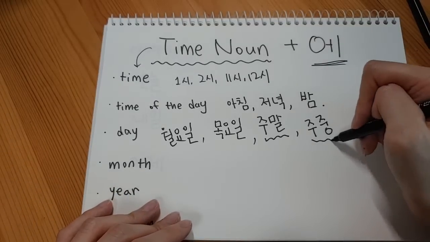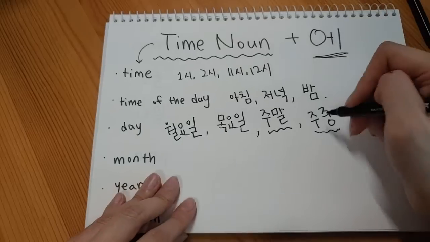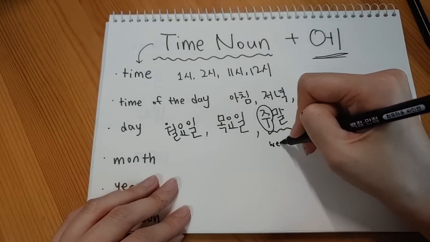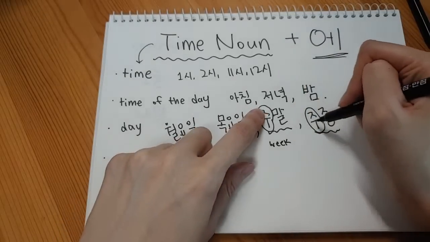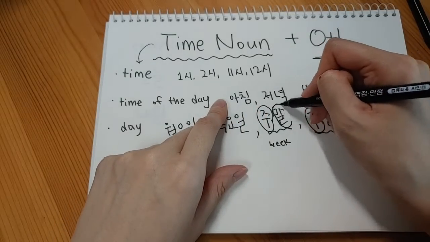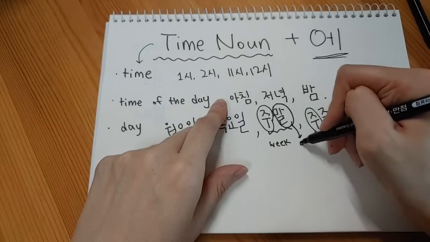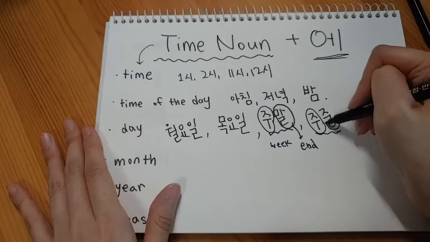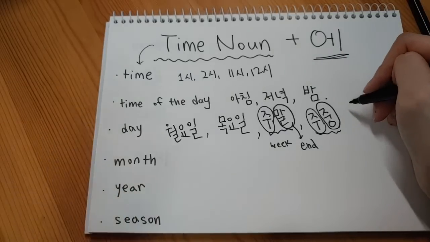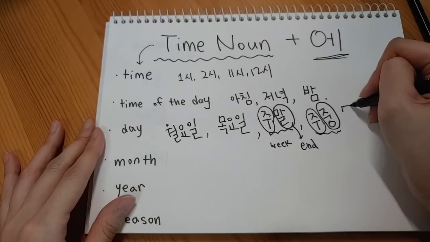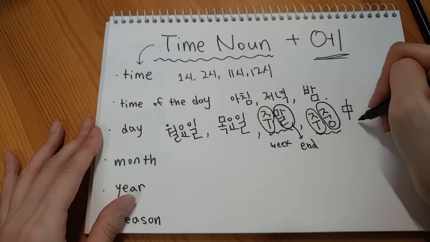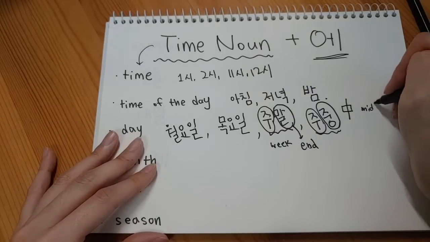So 주 here means week, and it's a Sino-Korean word. And 말 here is also a Sino-Korean word that means end. So literally, weekend, right? And 중, if you have watched my present progressive lesson, you remember 중 is also a Sino-Korean word that comes from this Chinese character, which means middle.